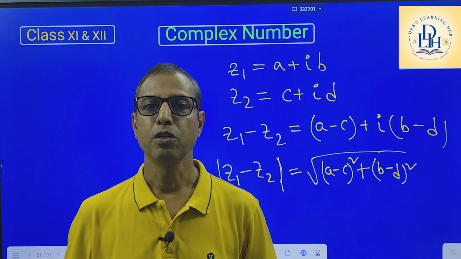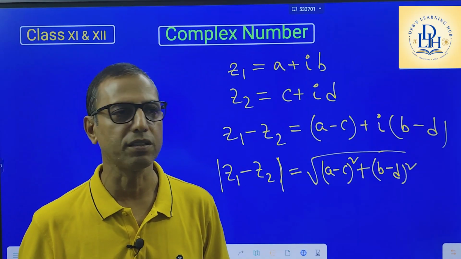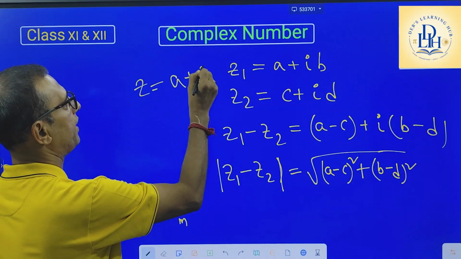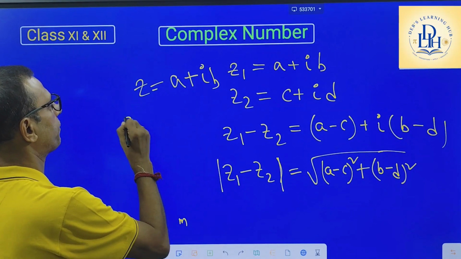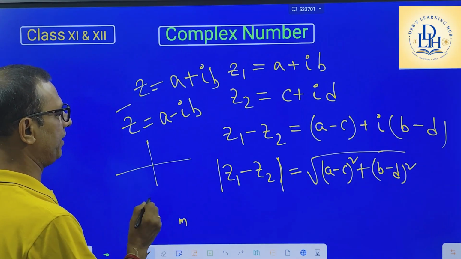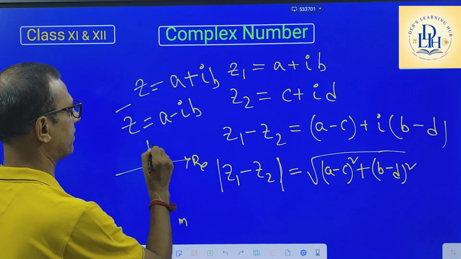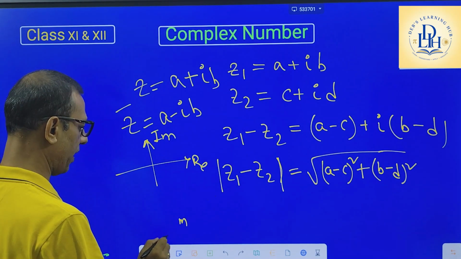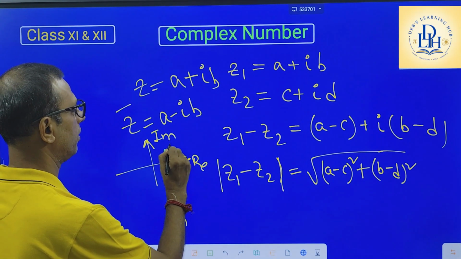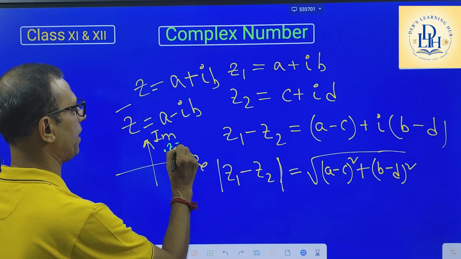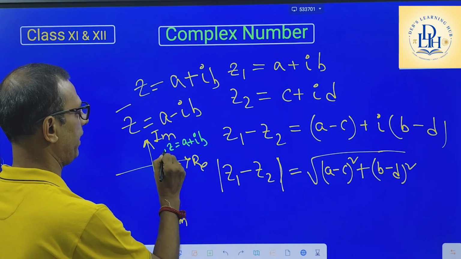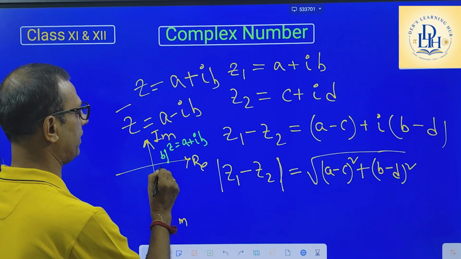Now with respect to geometry, how is the conjugate number represented? If there is a complex number z equals a plus ib, then the conjugate of that z is a minus ib. In the graph, this is the real axis and this is the imaginary axis. Now if I place these two numbers here, then this is z equals a plus ib, where a is along the x-axis, b is along the y-axis, this is b, this is a.